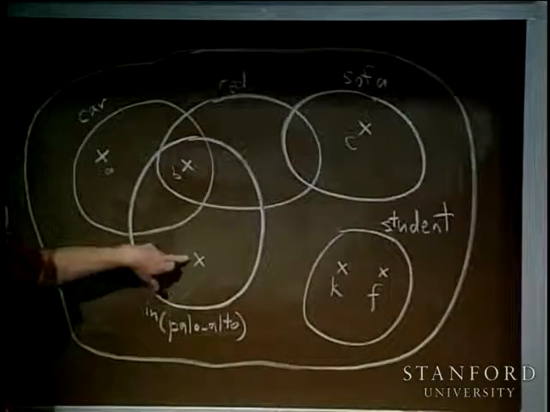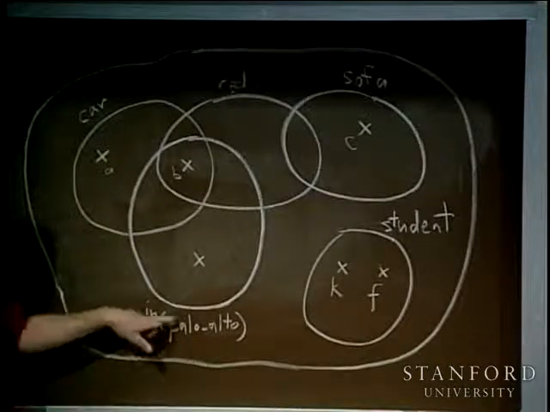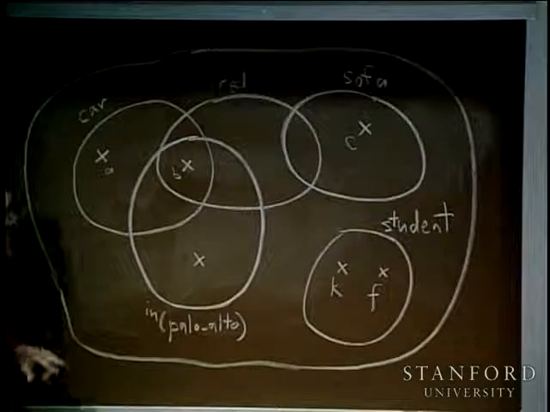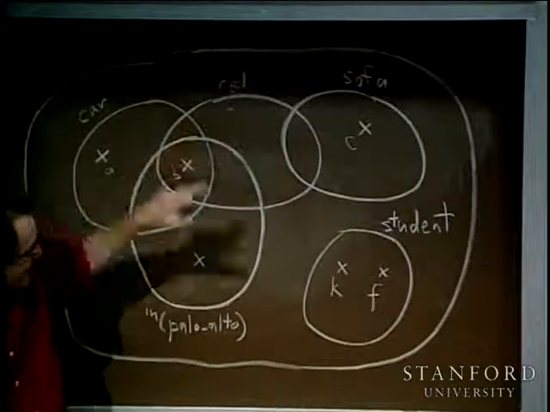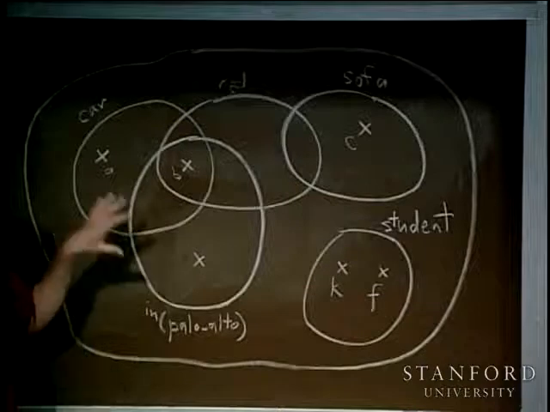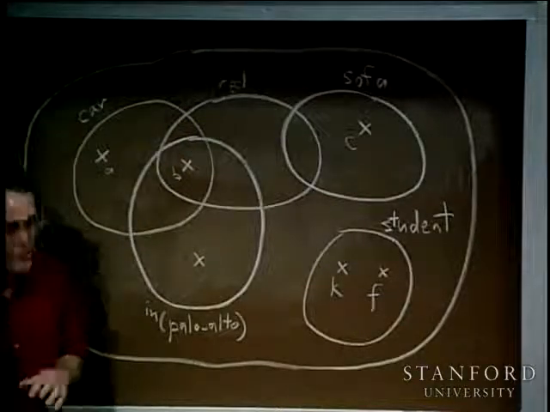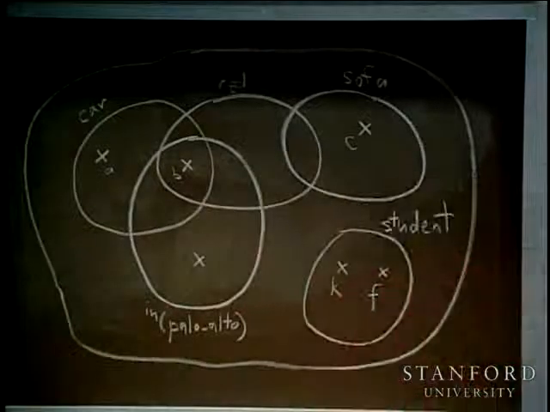Similarly, this thing here is in Palo Alto, and that thing there is in Palo Alto. So I've got this kind of in Palo Alto property. Red things, sofas, students. So those are my various properties I can have in my model. So this is effectively my model of the world that I can do inference with in a model theoretic way.